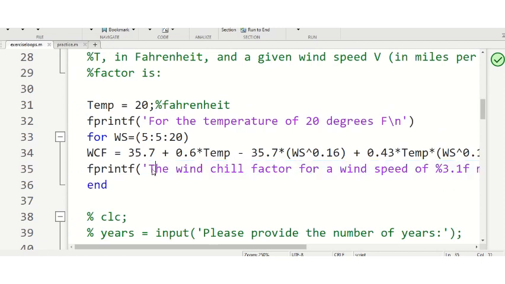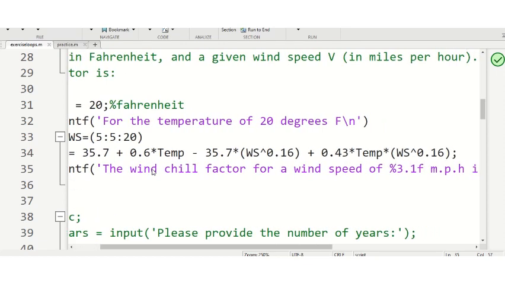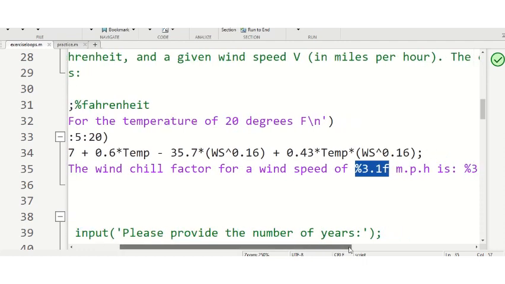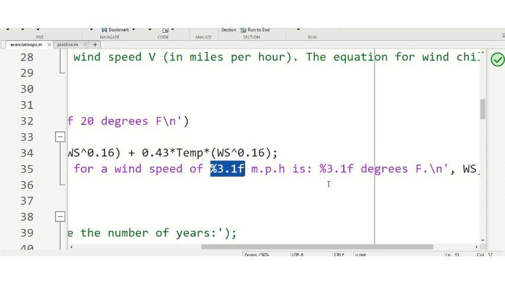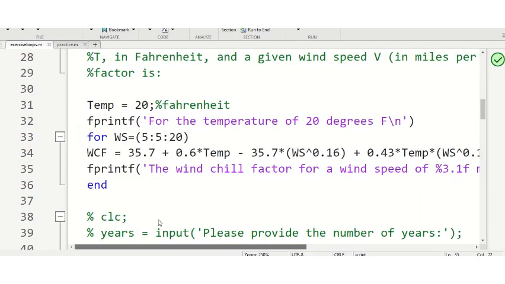So the wind chill factor for a wind speed of, here you are going to give an input value, so for that I am taking a floating value, percentage 3.1 f. Miles per hour, 5 miles per hour is in Fahrenheit, and WCF is calculated in degrees now.